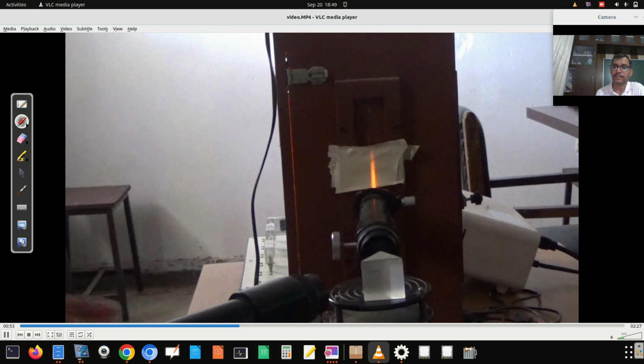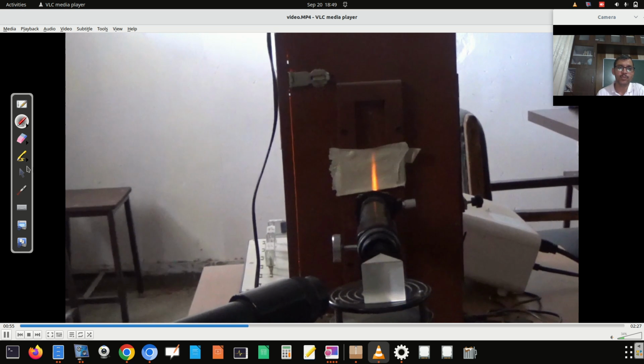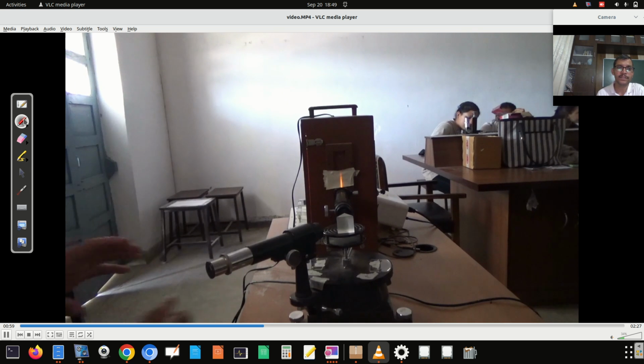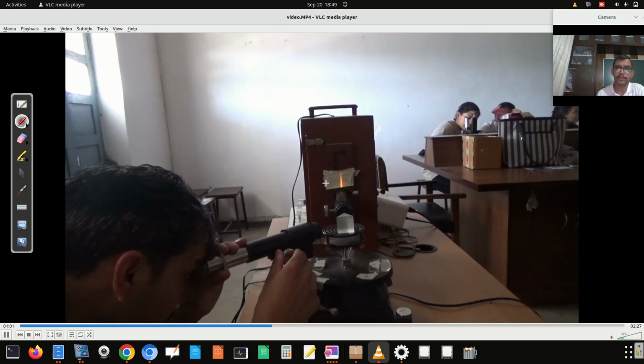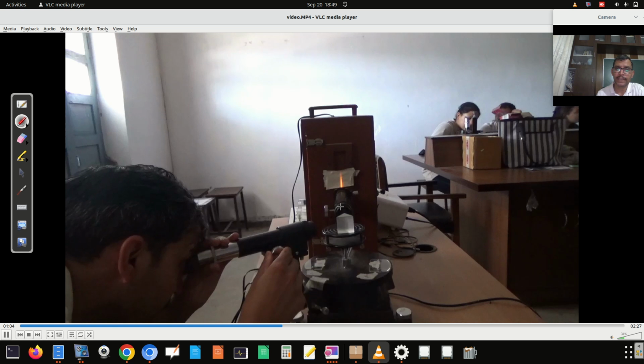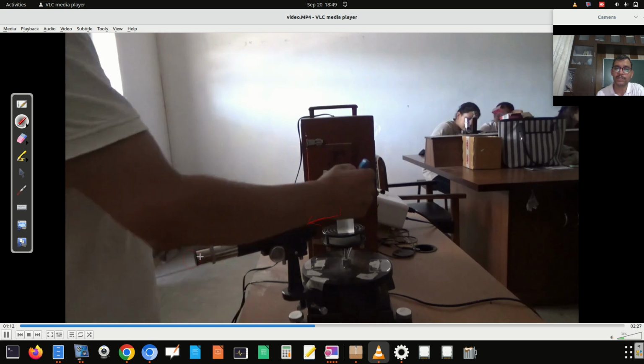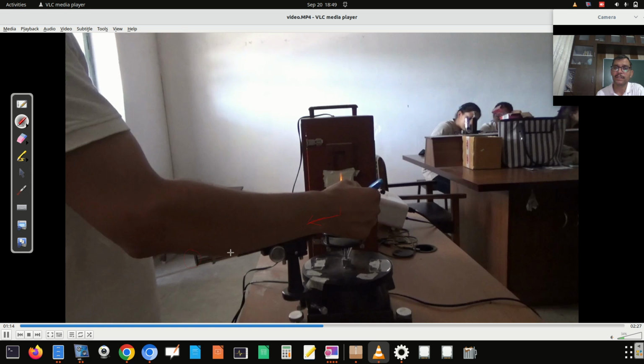And see, now I brought a telescope here in this position and try to see the slit. See, so light is coming from here and it is made to fall here, and the slit is visible through this. This is the eyepiece, like this.